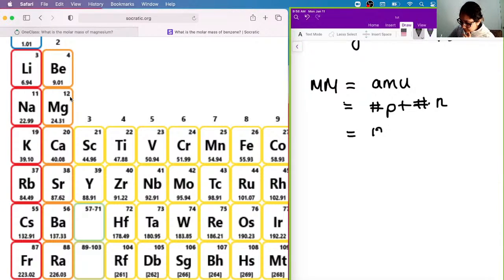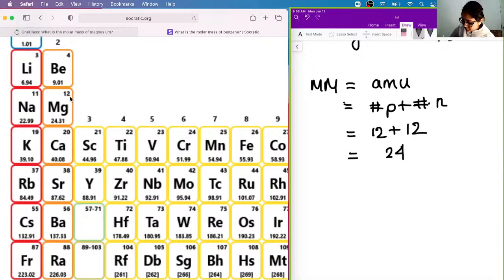So let's say for magnesium, the number of protons is always equal to your number of electrons, and your number of protons is basically your atomic number, which is 12 for magnesium. Plus your number of neutrons, which in most cases is the same number as your number of protons, so also 12. You add these two numbers together and you get 24.